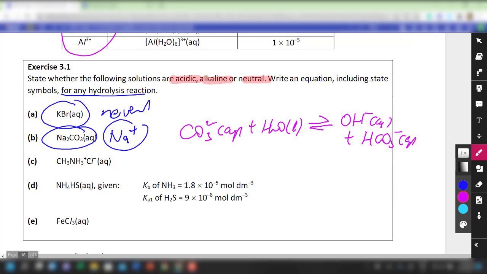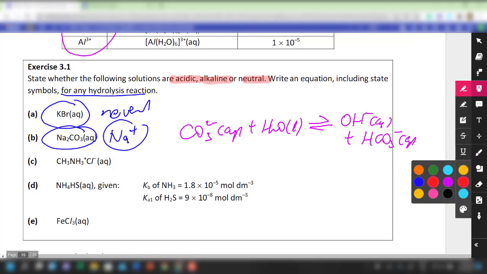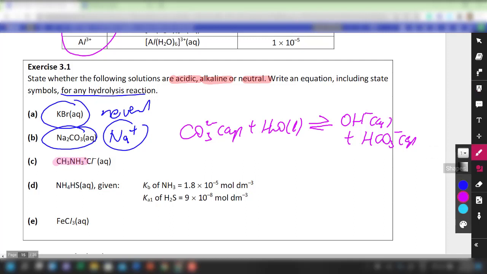Okay, then for C, I think it's an example which you are a little bit familiar with. Chloride, as you know, is the conjugate base of hydrochloric acid, so it will not undergo hydrolysis. But this particular cation is the conjugate acid of methylamine, so it's similar to ammonia. Ammonia is a weak base, so methylamine is also a weak base.